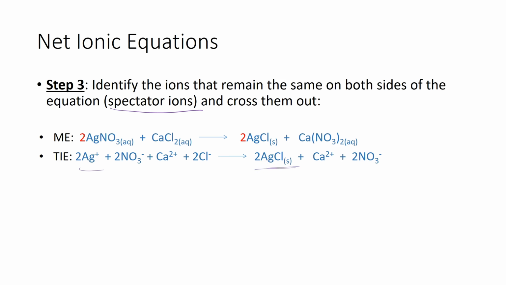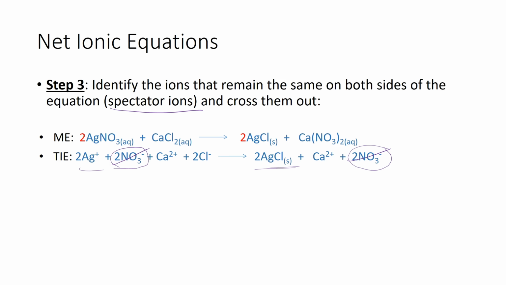So it does not look the same on both sides. Nitrate, on the other hand, says 2NO3- on this side, and it remains in solution there. So I'm going to cross nitrate off. That means that nitrate isn't actually part of this reaction. It's what we call a spectator ion. So it stays in solution on both sides.